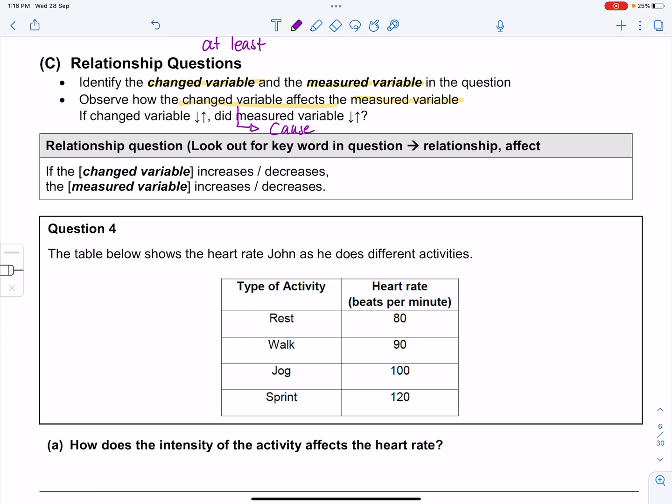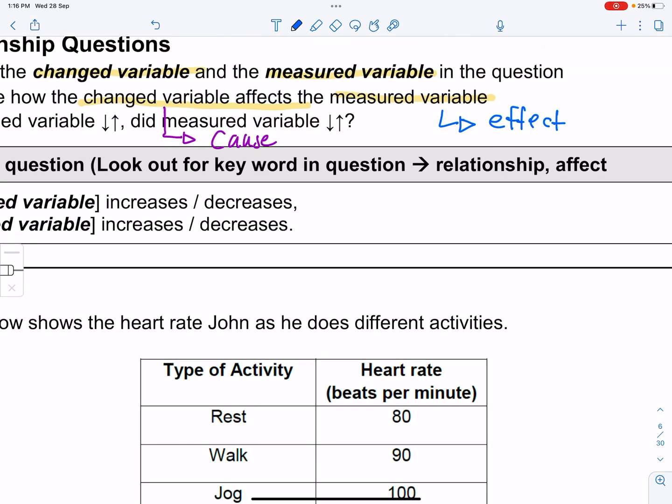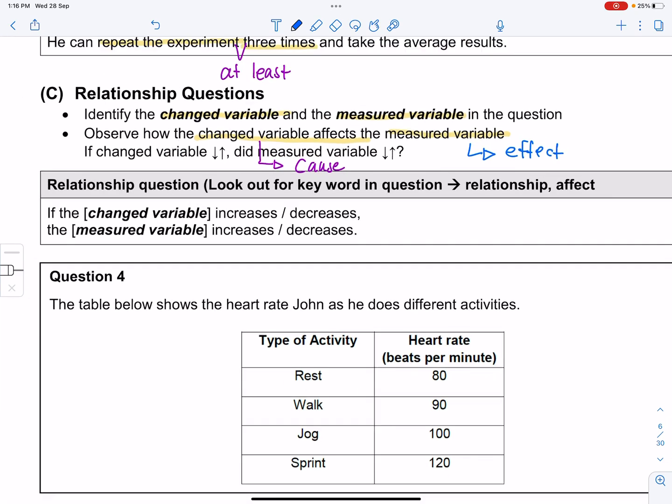Here, very important. And then the measured variable is actually the effect, cause and effect. This is very important because in your answer, if you get these two swapped around, your answer is wrong. So don't always assume that whatever the questions give you in that order is actually the correct order. I will show you in a while.